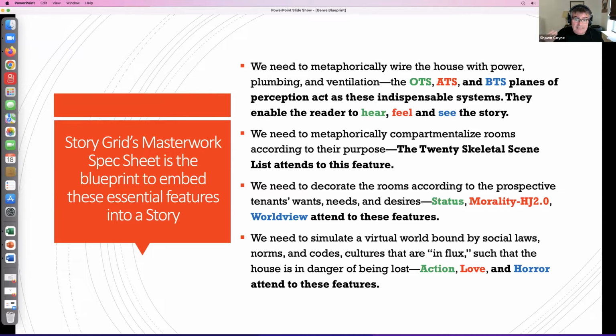What about the simulation of the virtual world bound by social laws, norms, and codes? Well, we need these to be in flux. We need them to be like, we're not really sure where this is going. This culture's in trouble. What are these avatars going to do about it? We have 3 genres that enable us to generate that kind of conflict, and those are action, love, and horror. They attend to these features.